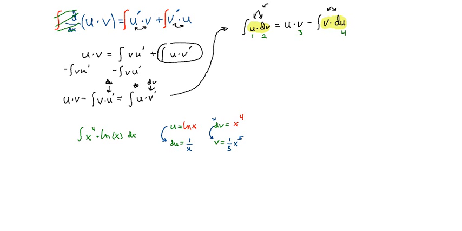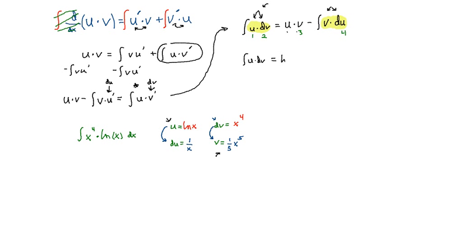So I might as well write this up here at the top. So the integral of u times dv is going to equal u times v. So I'm going to take u and multiply by v.